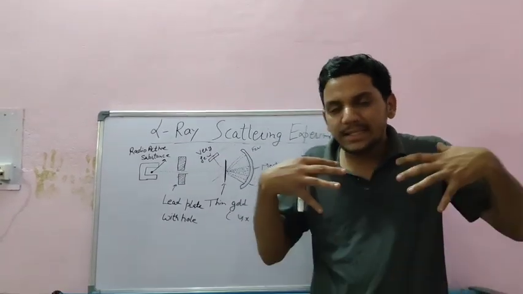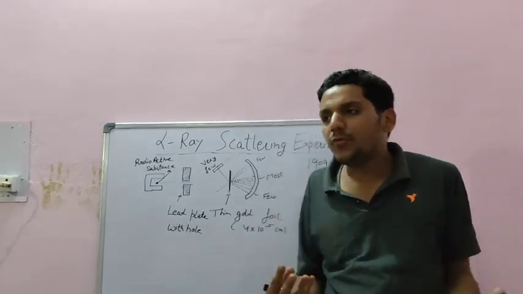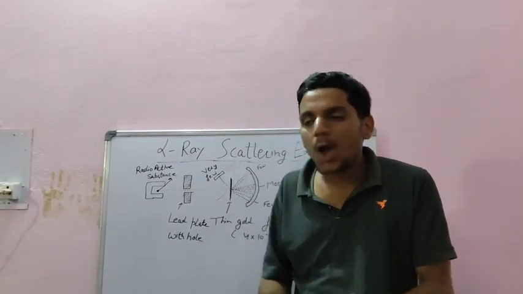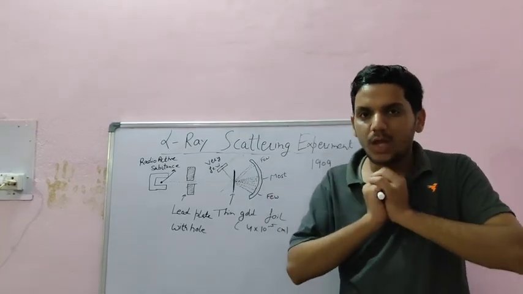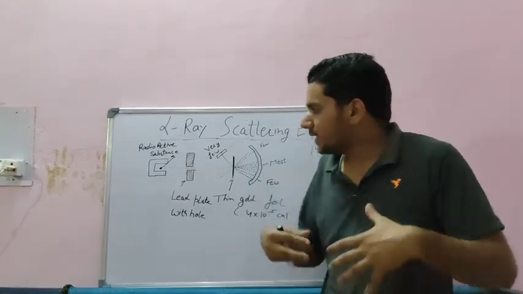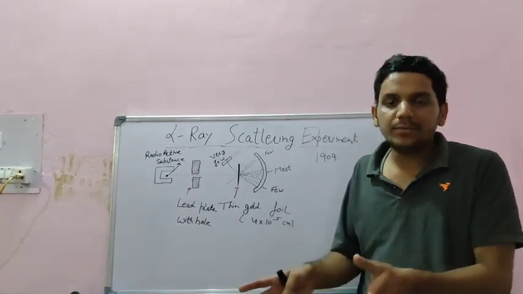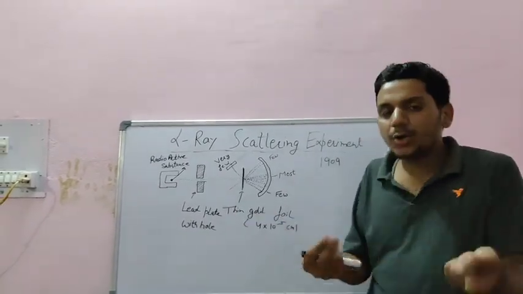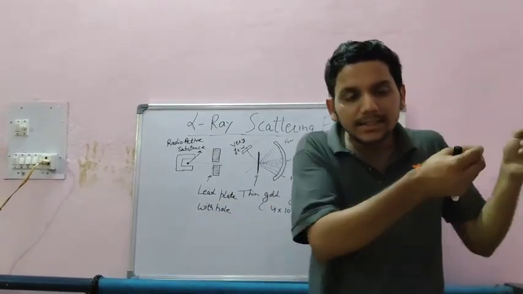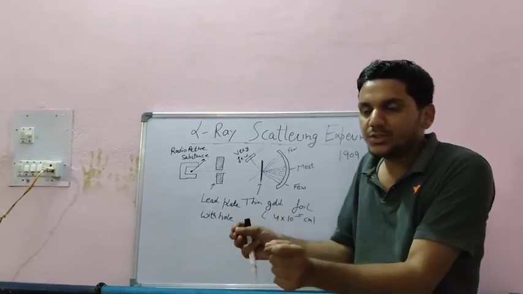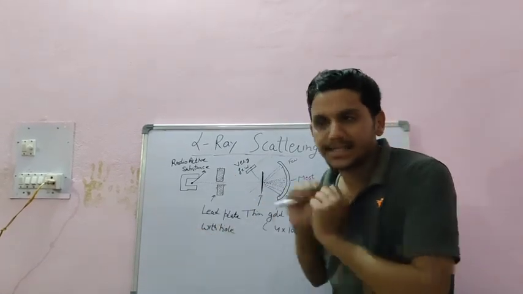The next conclusion which Rutherford derived from his alpha ray scattering experiment is that very few particles get deflected. In the alpha ray scattering experiment, the radioactive substance emits subatomic particles that are positively charged, and these show deflection.